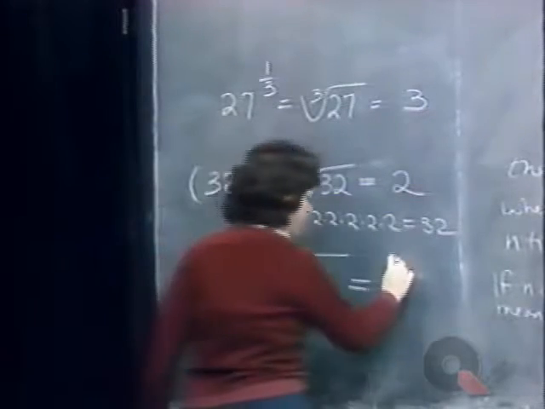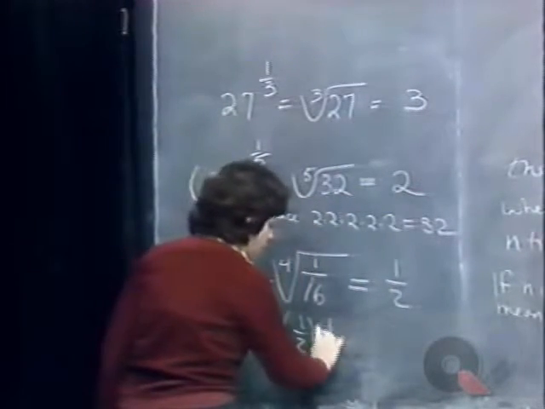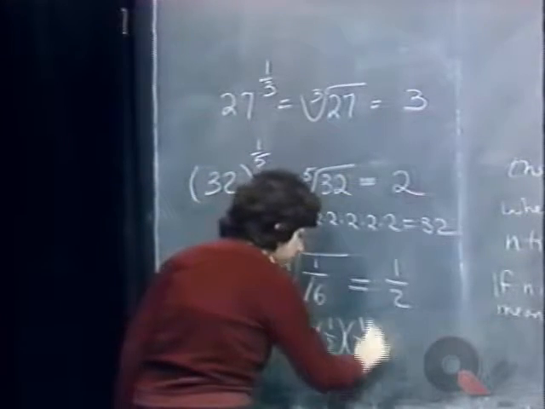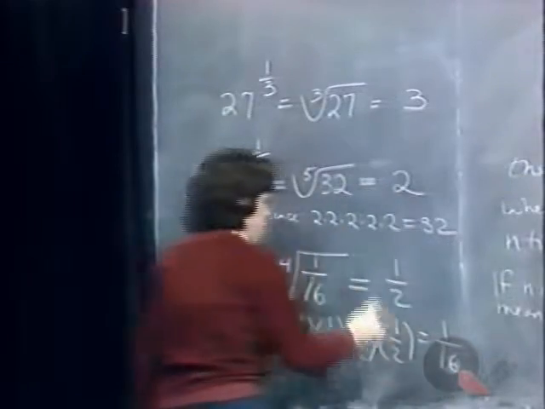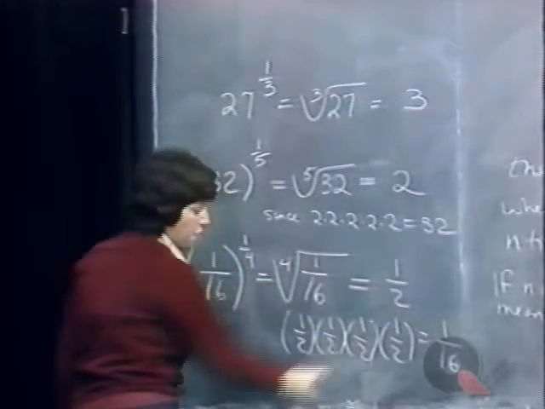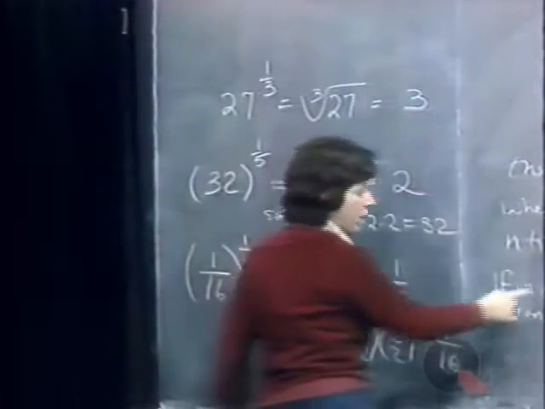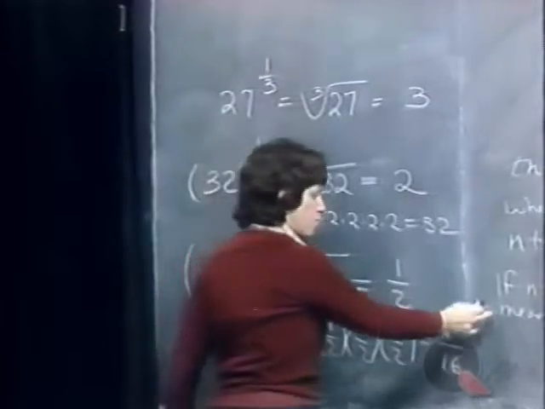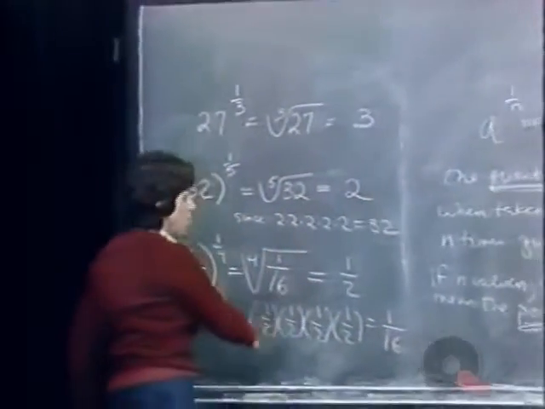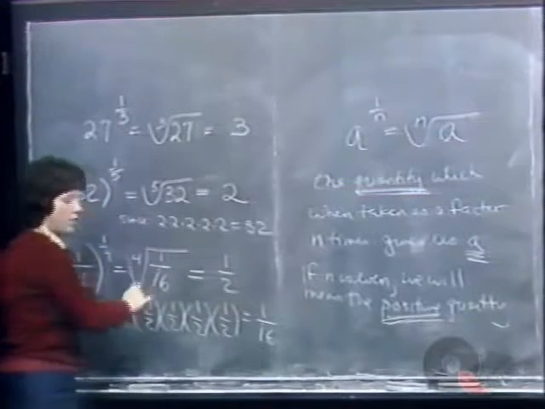The answer is 1/2, because 1/2 times 1/2 times 1/2 times 1/2 gives us 1/16. Now, minus 1/2 times itself 4 times would also give us 1/16, but as I mentioned before, if n is even, we will take the answer to be positive. If n is even, we will mean the positive quantity, which, when multiplied by itself that number of times, gives us what's under the radical sign.